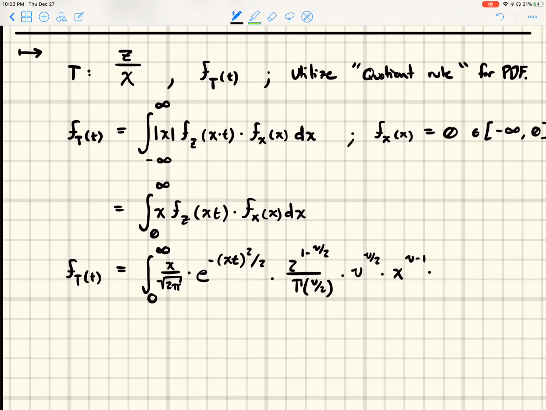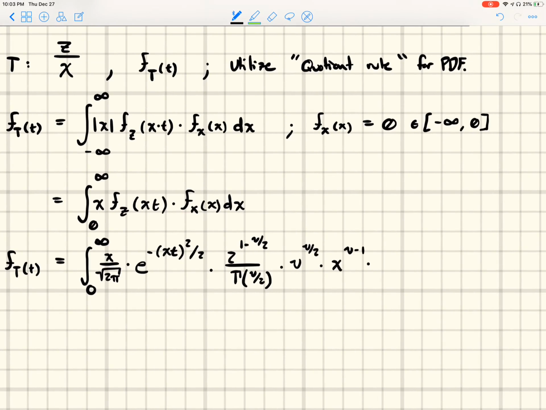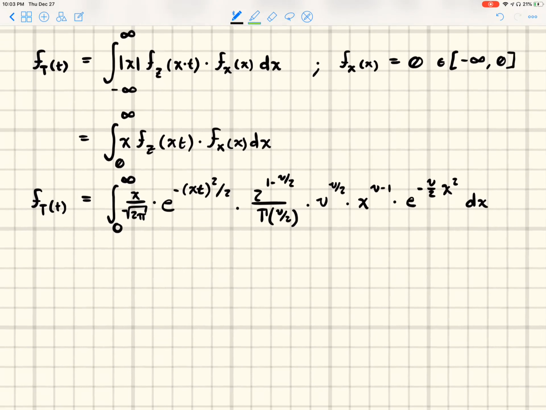And again, I'm just plugging in our definitions for the transformed probability distribution function, chi-squared, and the standard normal distribution.